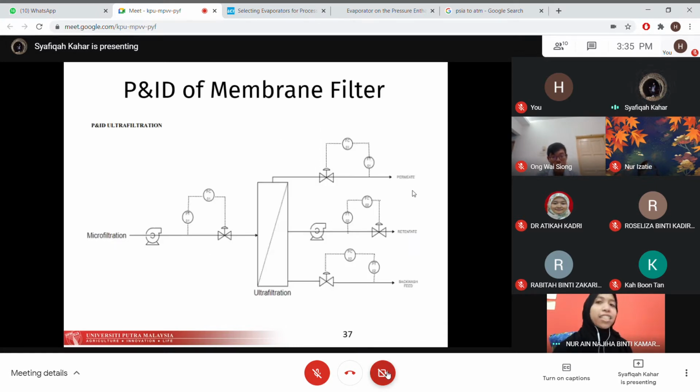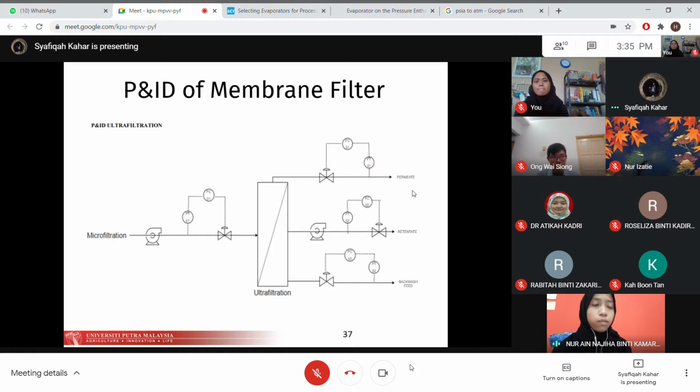And then next is the P&ID of membrane filter. So after the liquid went through microfiltration process, it goes to ultrafiltration process. The centrifugal pump is used to move the liquid from microfiltration process to the UF system.